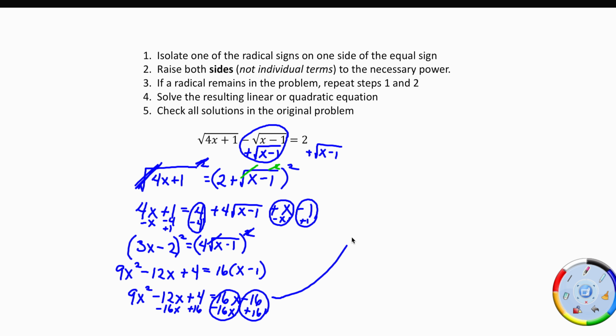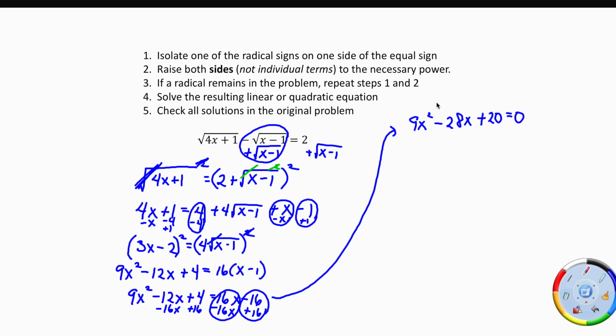I get 9x squared minus 28x plus 20 equals 0.